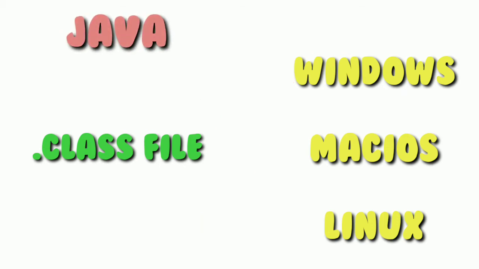In comparison, Java depends on the JVM. The JVM of Windows will be different and the JVM of iOS will be different. So whenever you send a file, you send a .class file and it goes over there and is run through the JVM of the other system.